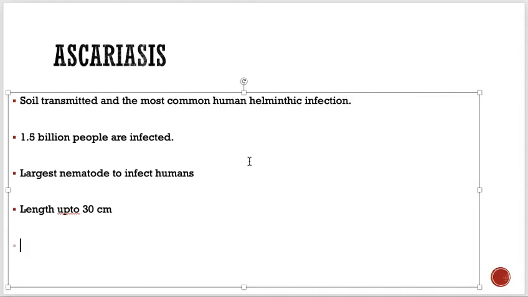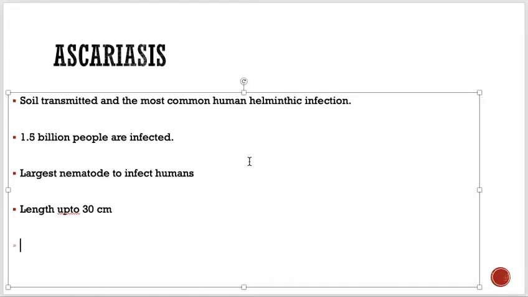People living in lower socioeconomic status, personal hygiene, sewage system, and all these things play a big role in getting infection by this parasite.